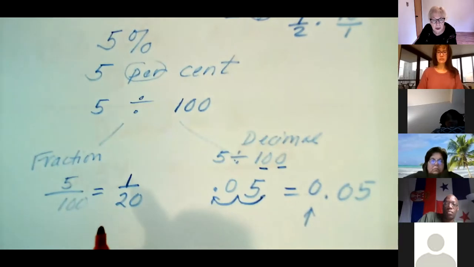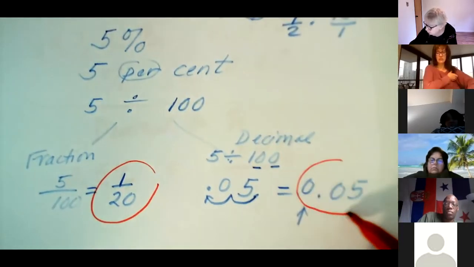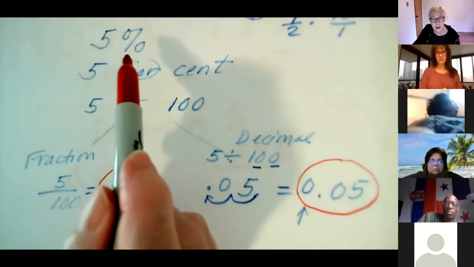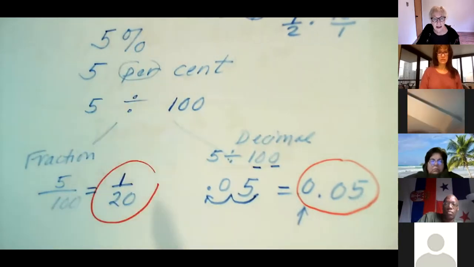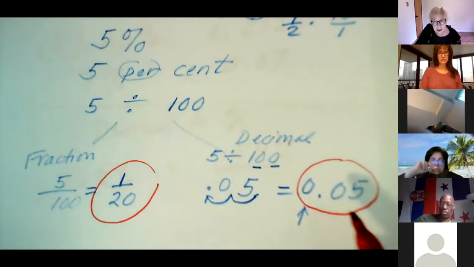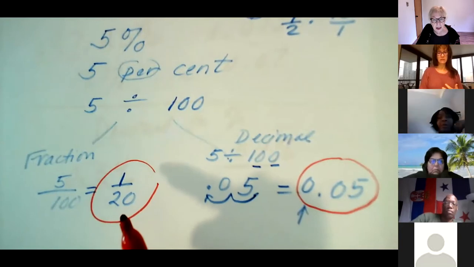I've got to use either the fraction or the decimal. So if I'm going to do a computation, it requires me to get it out of percent into one or the other. And so the reason we have both, again, is because sometimes one is much easier than the other. Most of the time it's decimals, but not always. And so we have to have 2 ways to do it.